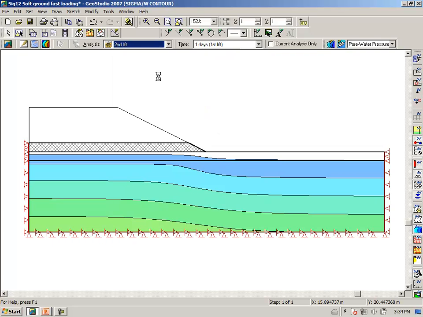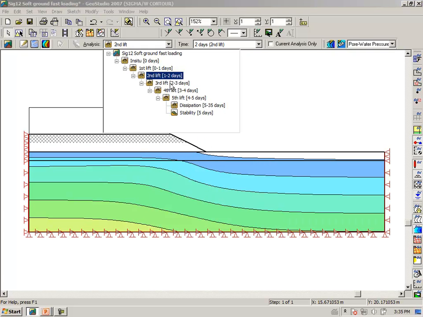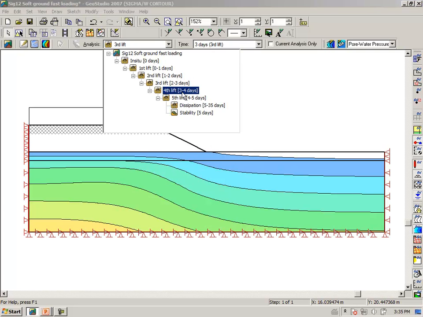By the time we hit the second lift, the 0 pressure line has met the base of the fill almost over the whole distance. And by the time we go to the third lift, it's outside of the toe of the embankment, we already have 0 pore water pressure.